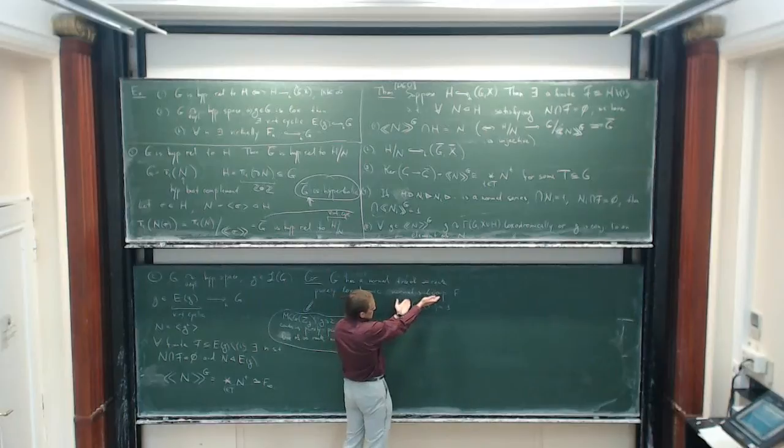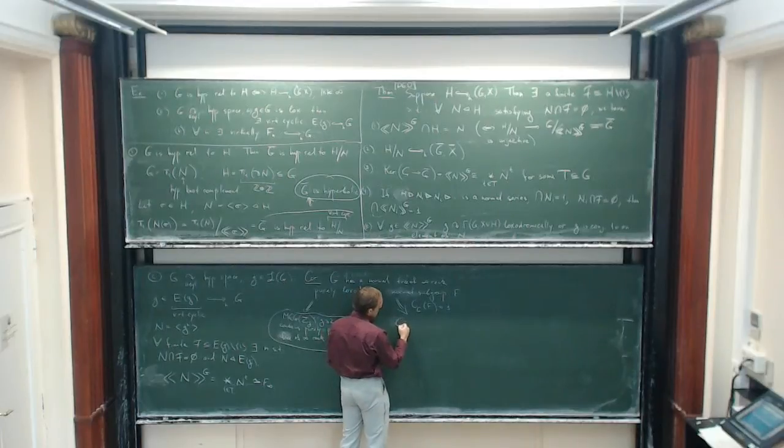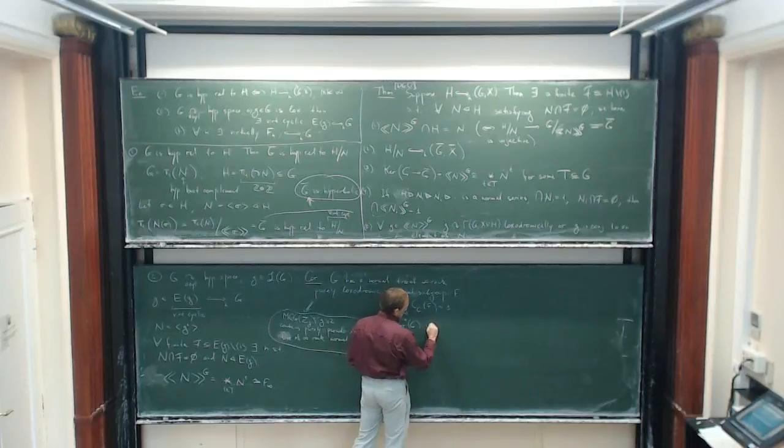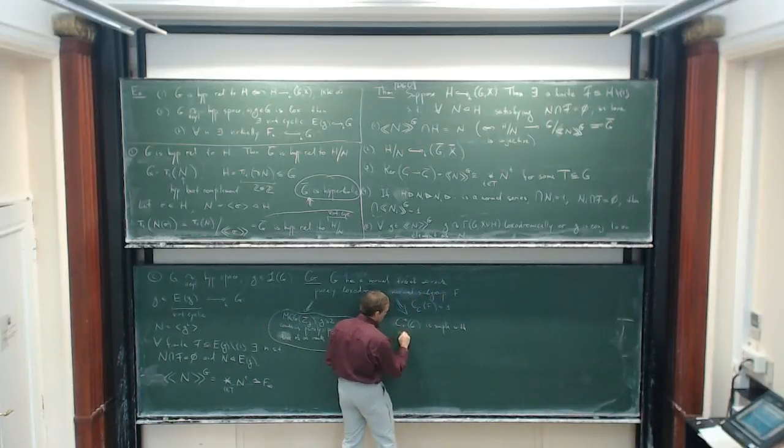If you have such a free subgroup in any group, and the centralizer is trivial, then it follows that the reduced C-star algebra of G is simple with unique trace.